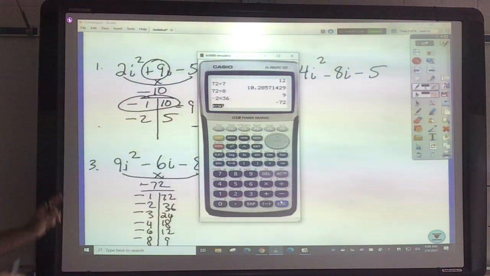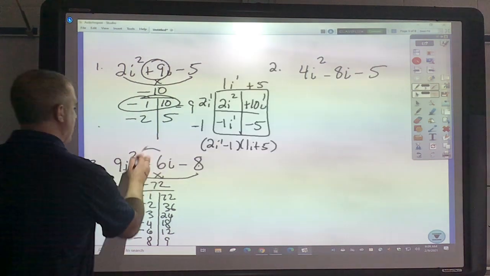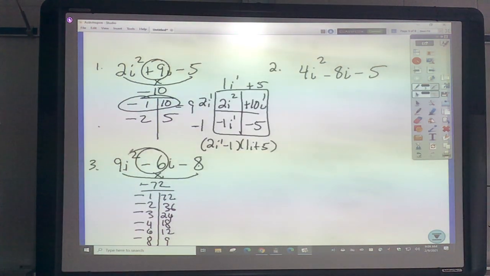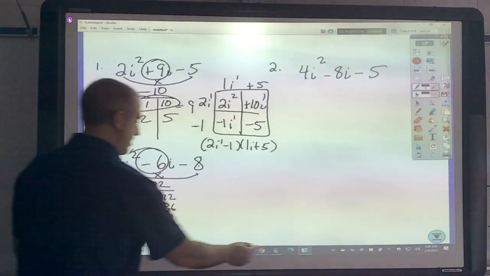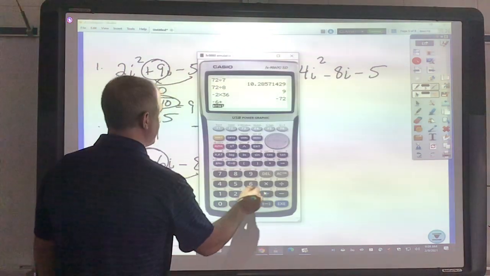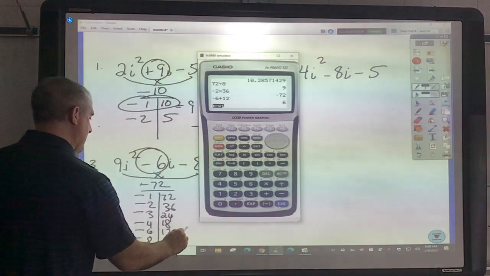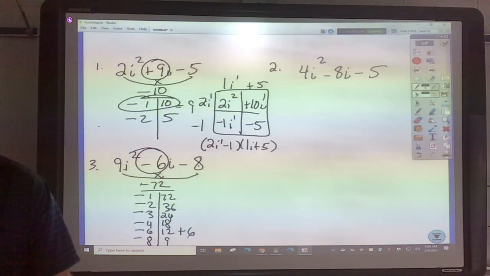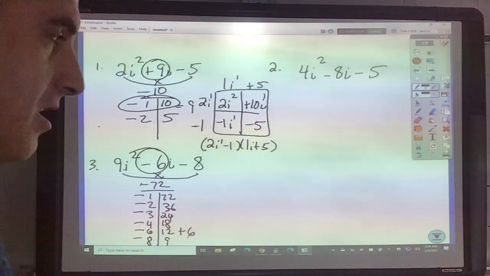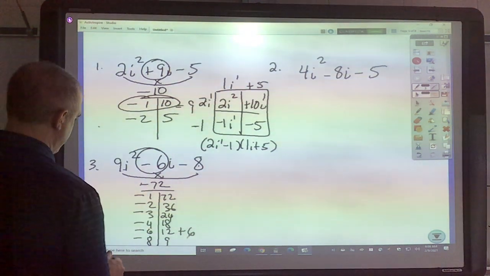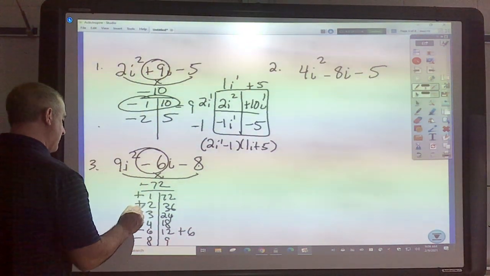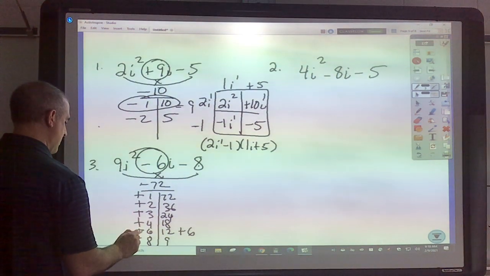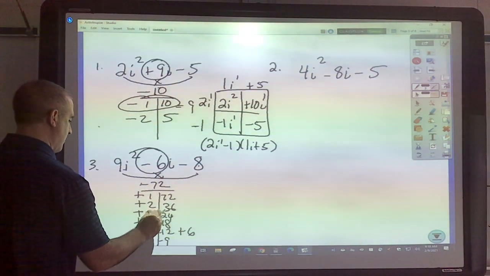Now, I'm looking for the set that adds up to negative 6, okay? Now, if you were to go through and check this, you would see negative 6 plus 12 gives me positive 6. Now, that's not what we're looking for. So what we have to do is we're going to make this side positive, and now this side negative.